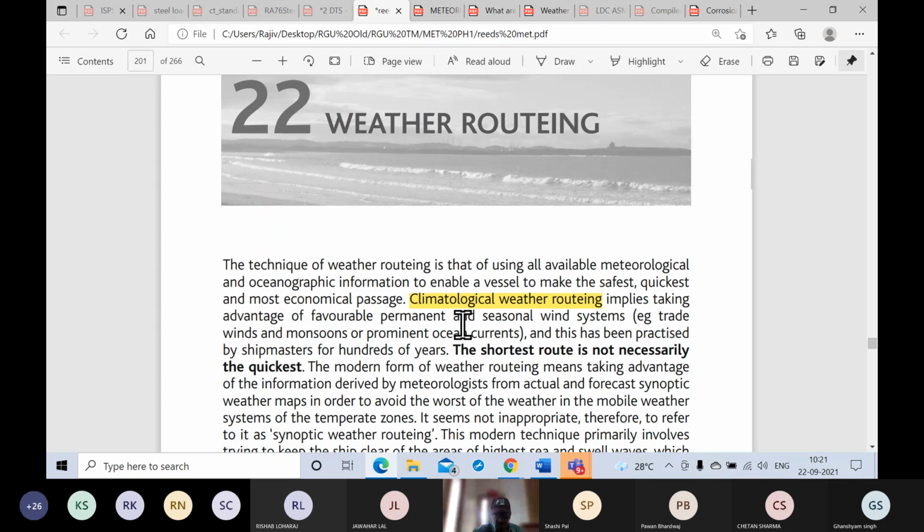Now, obviously, what we are looking at is using the information available to weather route the vessel for the best possible results in way of speed, economy, and fuel consumption. There's a lot of emphasis nowadays being placed on SEEMP, the Ship Energy Efficiency Management Plan.